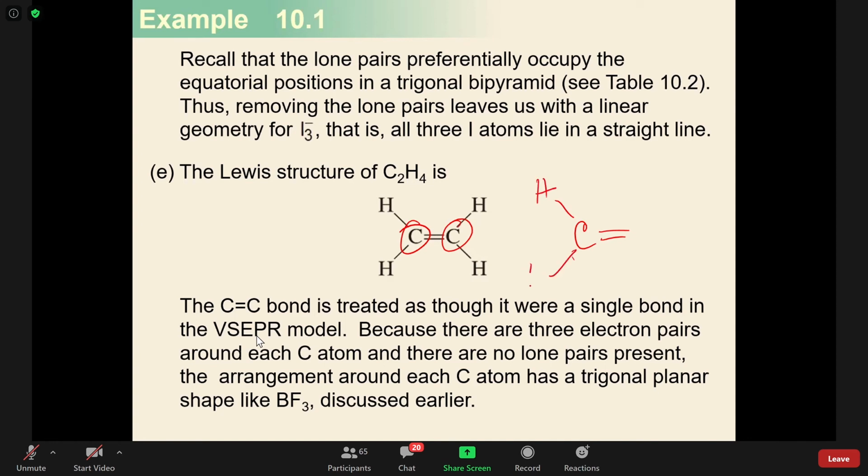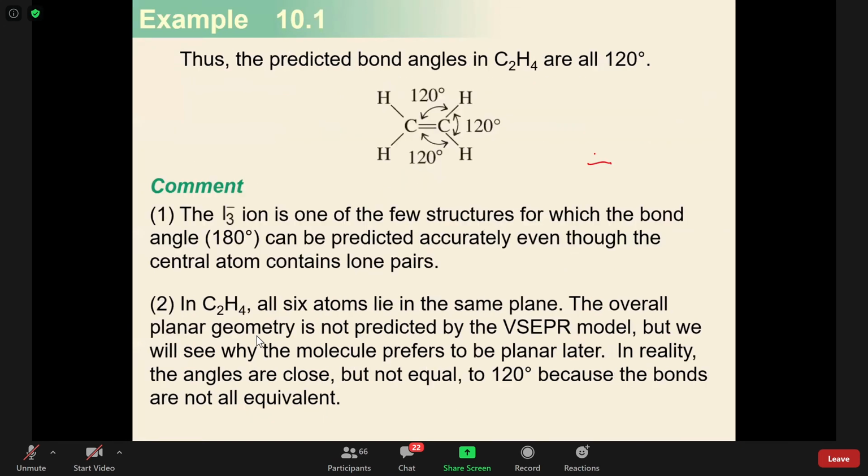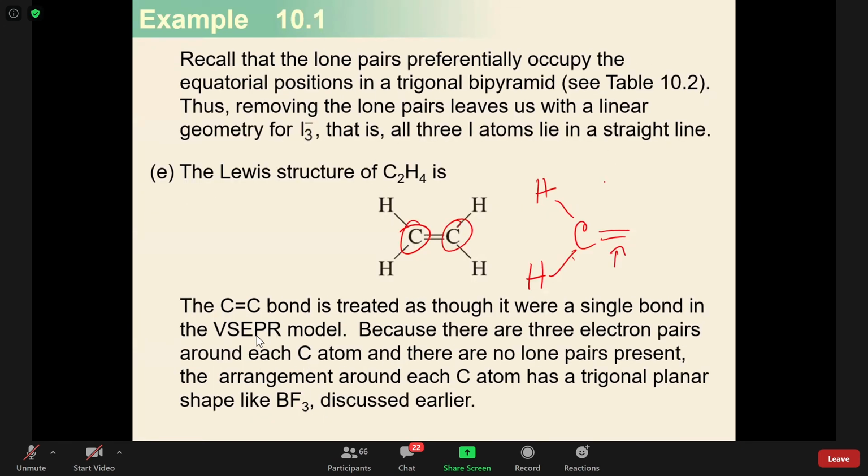For our first carbon, how many bonds do we have, keeping in mind that we're counting this as a single bond? 3. So what's that geometry going to be? Trigonal pyramidal, right? I mean, trigonal planar.